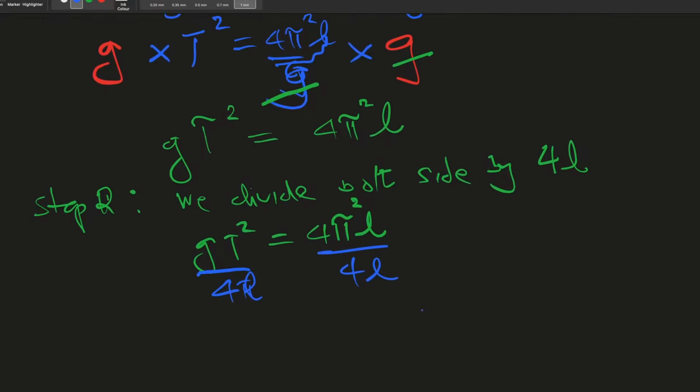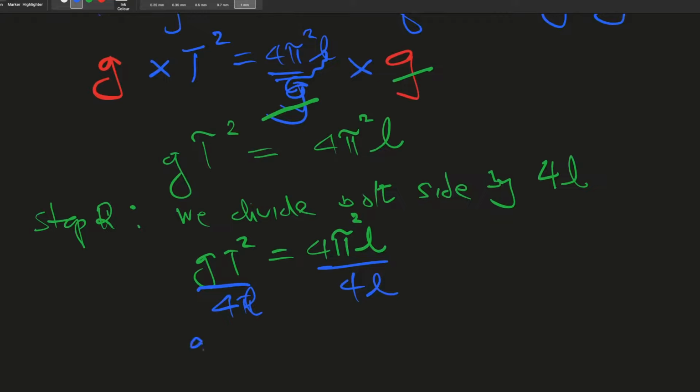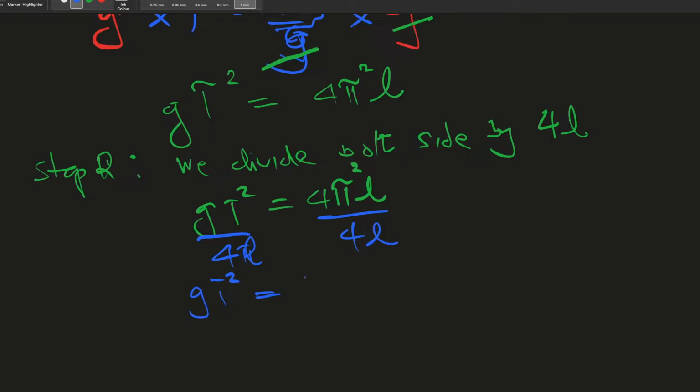So let me write the equation well. The equation will be G T squared equals 4 pi squared L all over 4L.